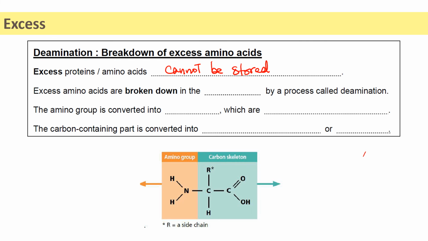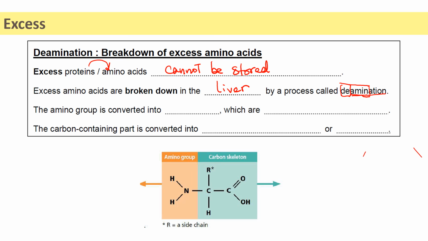If those are proteins, they would first convert into amino acids. Once the amino acids are in excess, they are broken down in the liver. So every different body part, when they have excess amino acids, will put them into the blood, send them to the liver, and break them down in a process called deamination. Now the name is meaningful. De means delete.